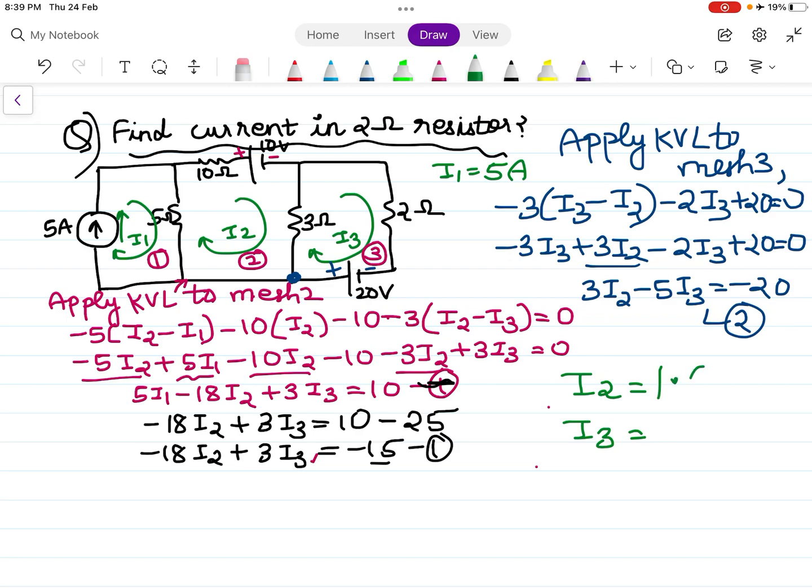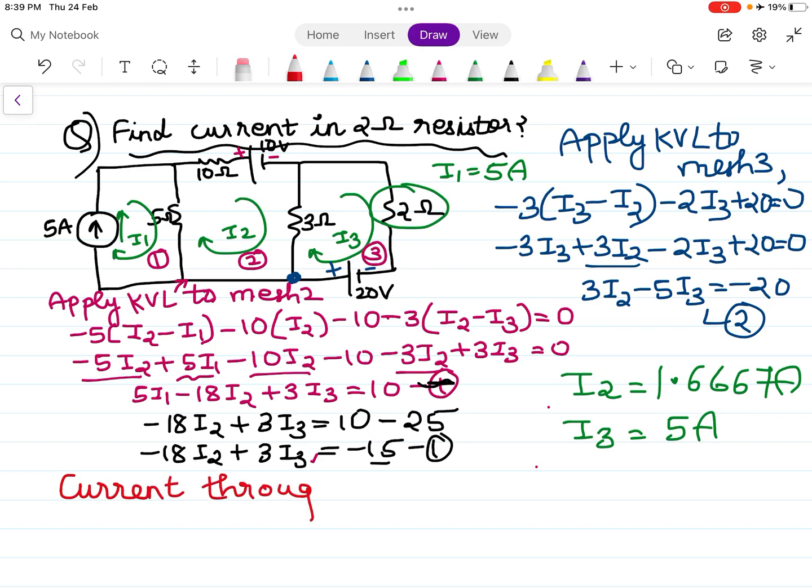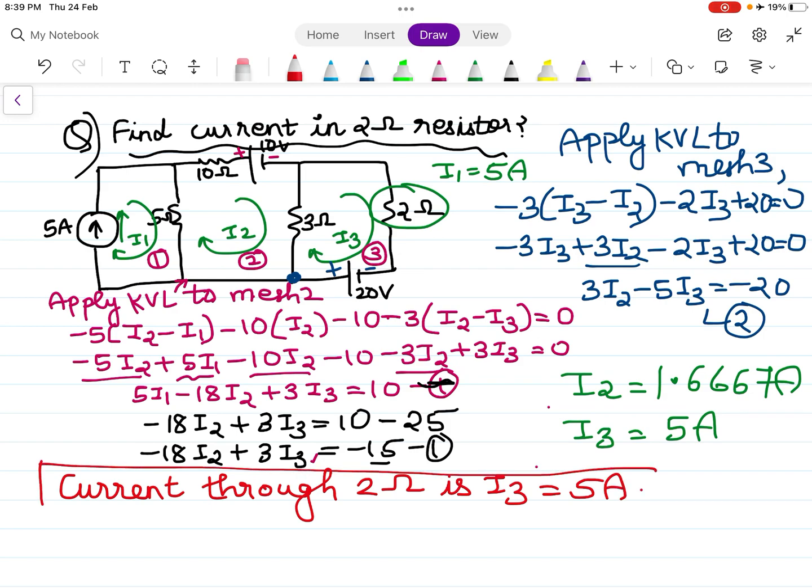So I get I2 is 1.6667 amperes and I3 is 5 amperes. Current through 2 ohms is I3. So I will write the final answer. Current through 2 ohm is I3, which is equal to 5 amperes.